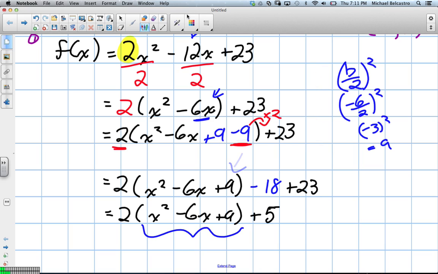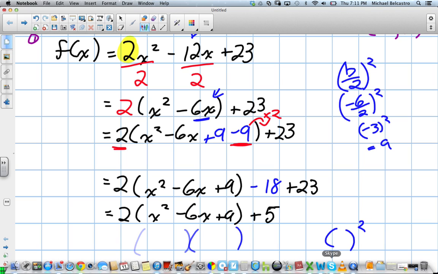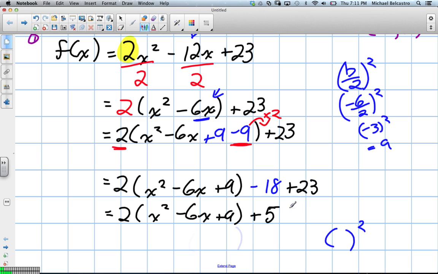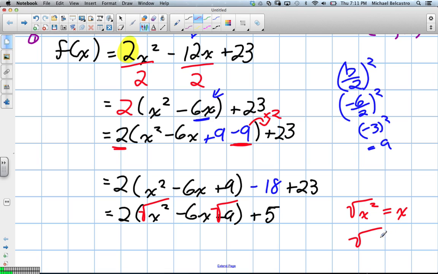When you factor it, you get 2 identical brackets that can be represented as one bracket squared. Since I know that, I can use a shortcut to factor this. I'm just going to square root the first and last terms. The square root of x squared is x, and the square root of 9 is 3.